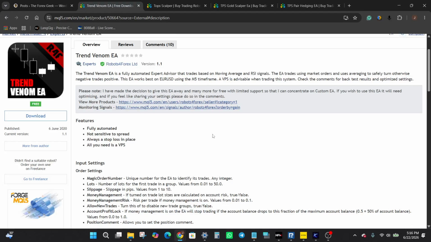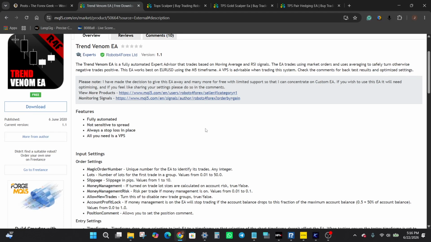Further down the description, we can see some usage recommendations. The developer specifically states that the default setup is designed around EURUSD on the M5 time frame, making that the primary configuration referenced throughout the product information. A VPS is also recommended for running the EA continuously.